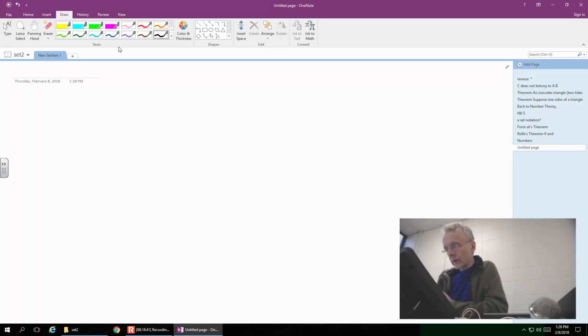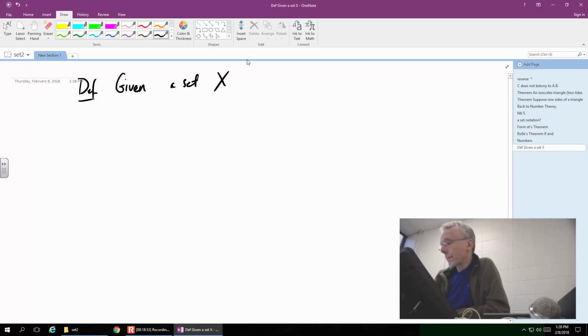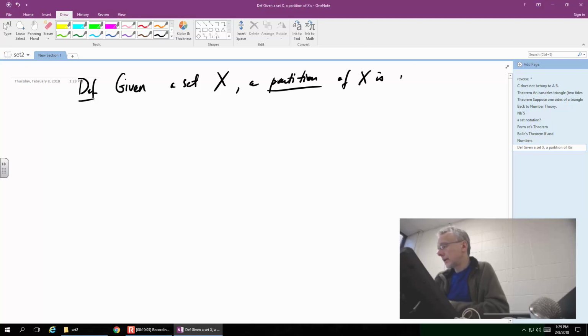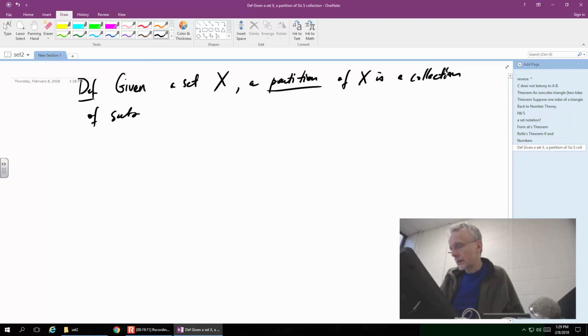Given these 2 crucial definitions: given a set X, any set, a partition of X is a collection of subsets of X. It could be finite, could be infinite, but let's start with finite.